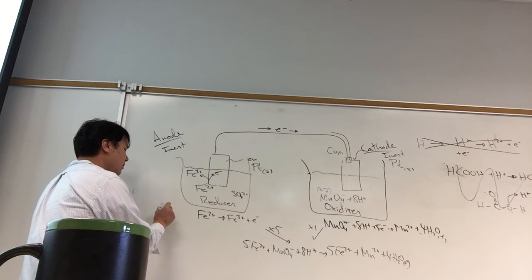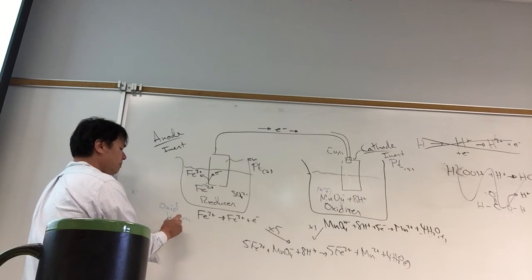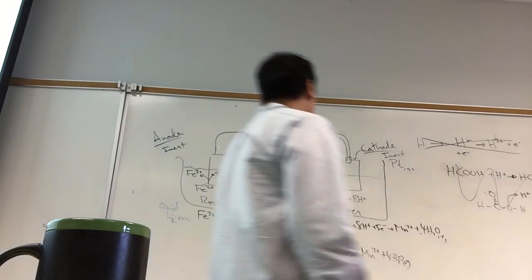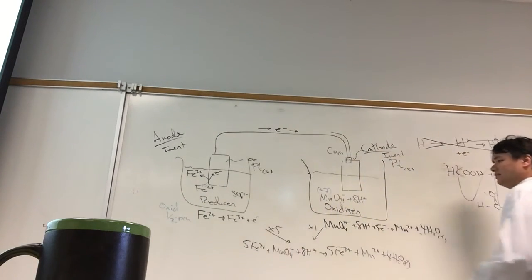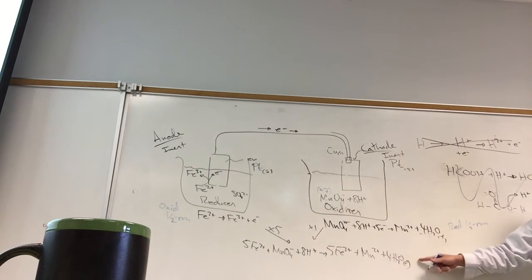This is an oxidation half reaction. And then over on the other side, we have our reduction half reaction. And when we combine these two, we get our net redox reaction.